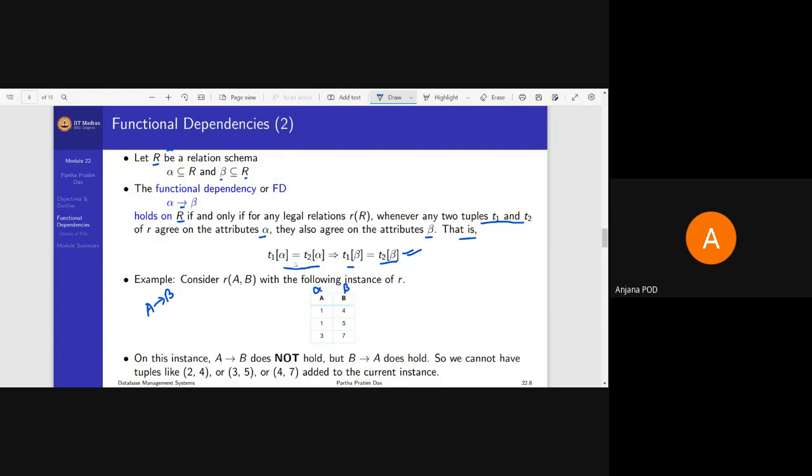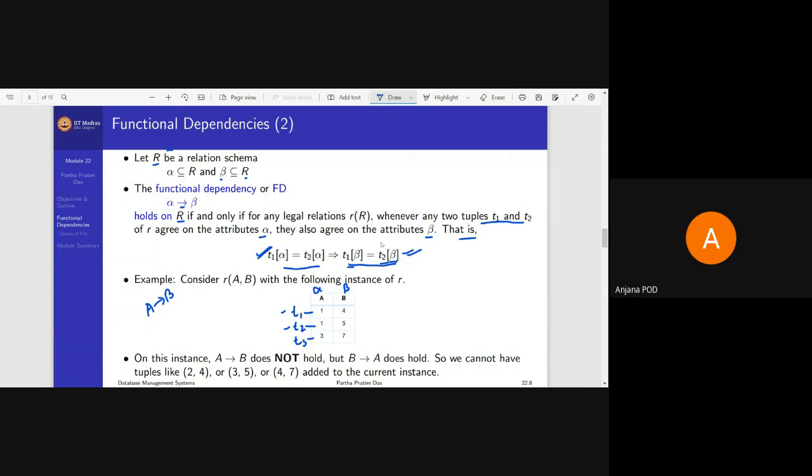First, let's check whether two tuples of alpha, or two tuples of A, are matching or not. Let's consider tuple 1, tuple 2, and tuple 3. Tuple 1 and tuple 2 are matching on A. If this condition is satisfied, we head to the next condition, that is T1 of beta equals T2 of beta.